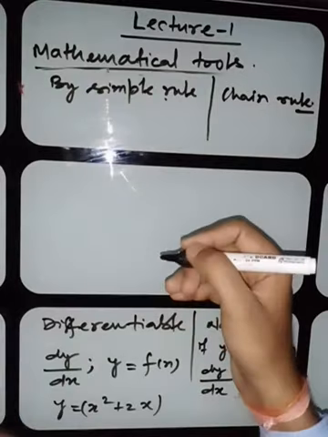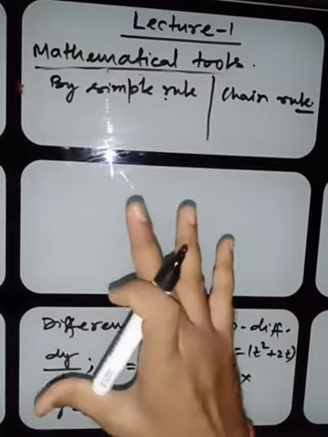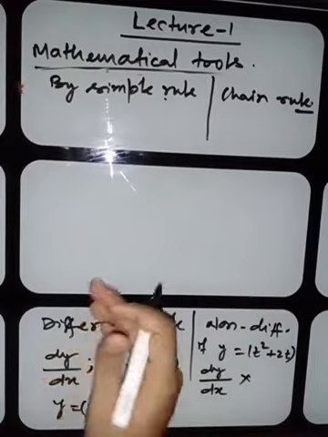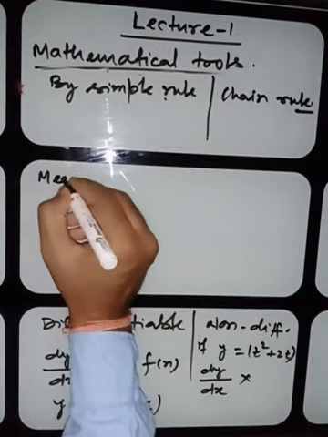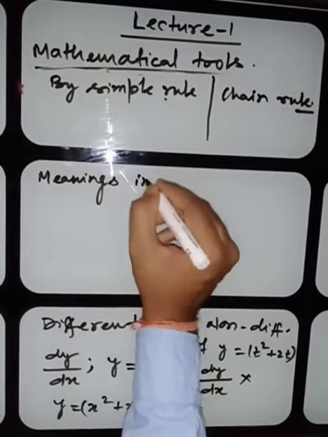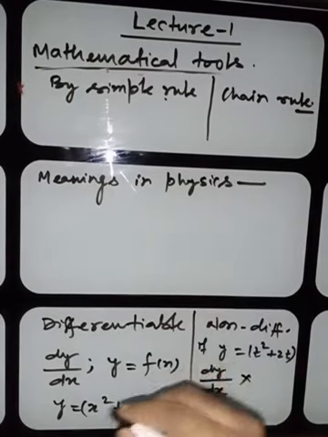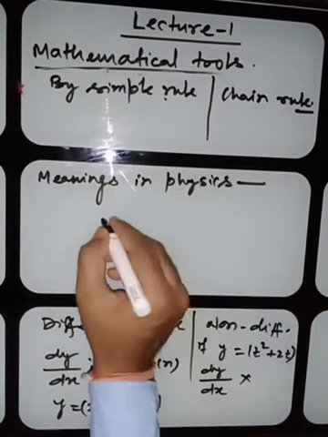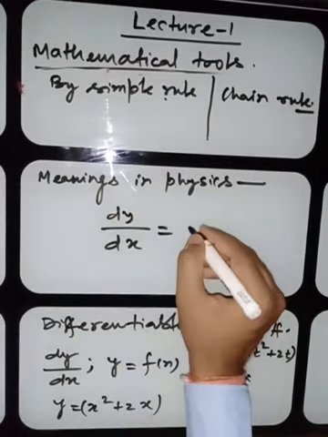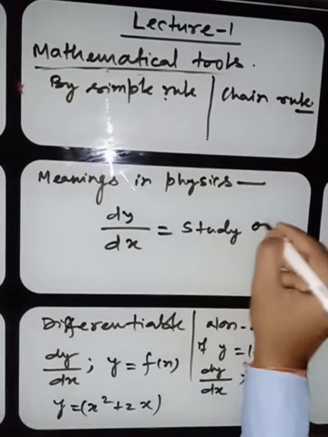Now, what is the meaning of differentiation in physics, particularly in physics? Let me discuss the meaning. If you are writing dy by dx, it means you are doing a study of change.